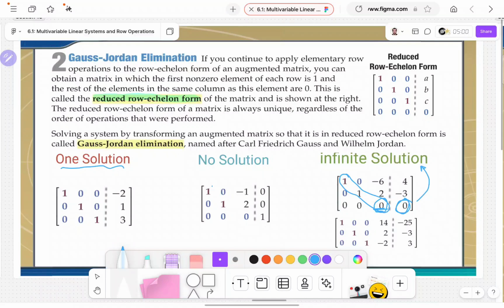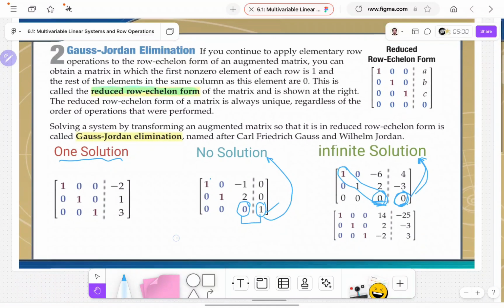The difference between infinite and no solution: this value is 0, and this could be any number. When you have 0 equal to a number, this is no solution. But when you have 0 equal to 0, this is infinite solution.